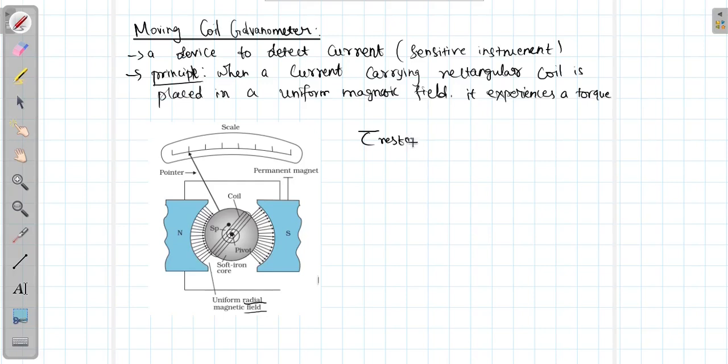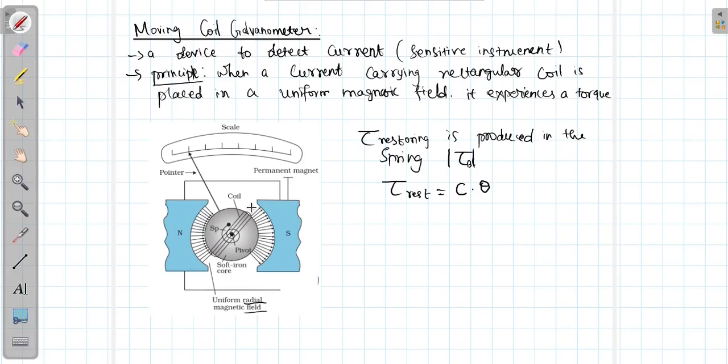A restoring torque is produced in the spring, which is equal to the actual electromagnetic torque. We know the restoring torque formula, already studied in class 11: restoring torque is some constant C times theta.